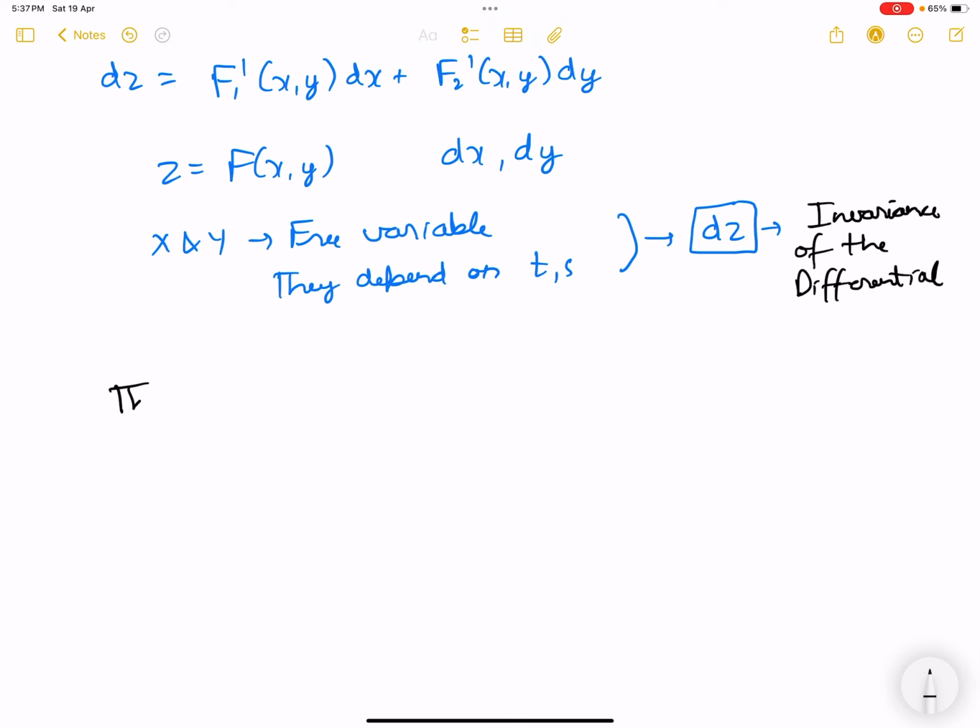Now the next topic, the differential of a function of n variables.